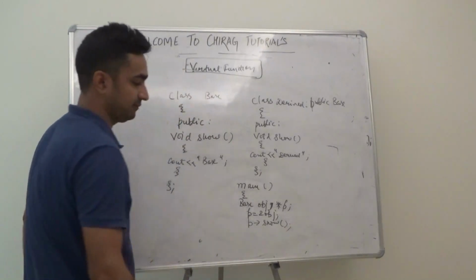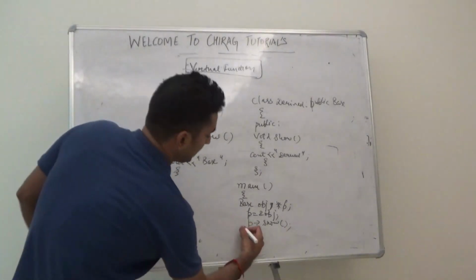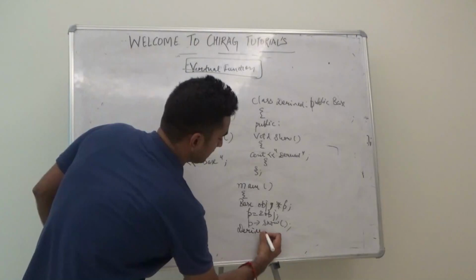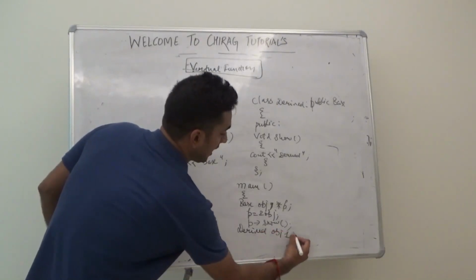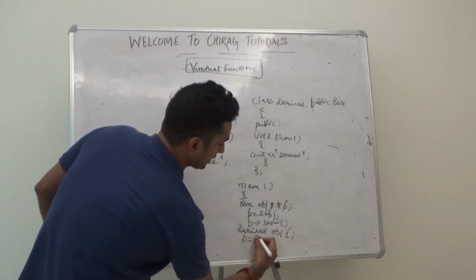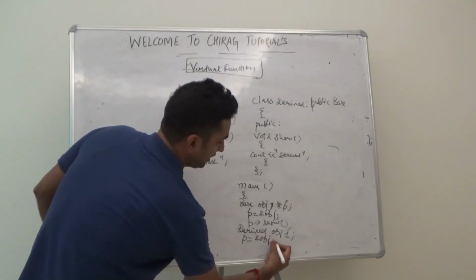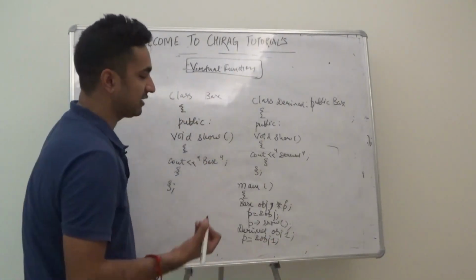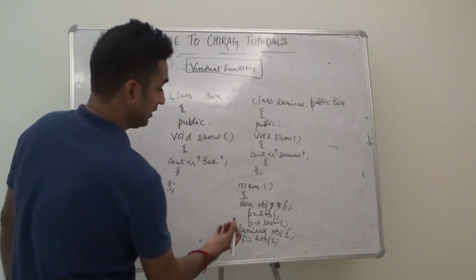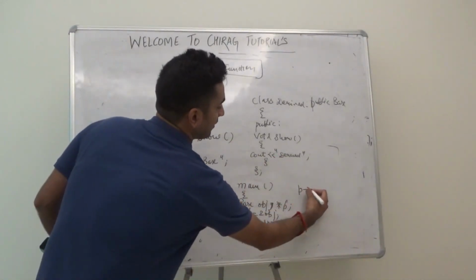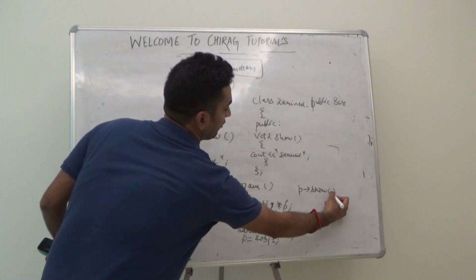The same applies: I'm creating the object of the derived class, obj1, and I'm pointing to it using the base class pointer, which can easily point to it, and we are again calling the show function.